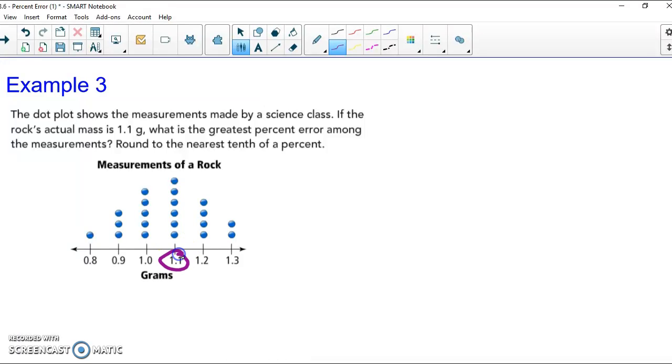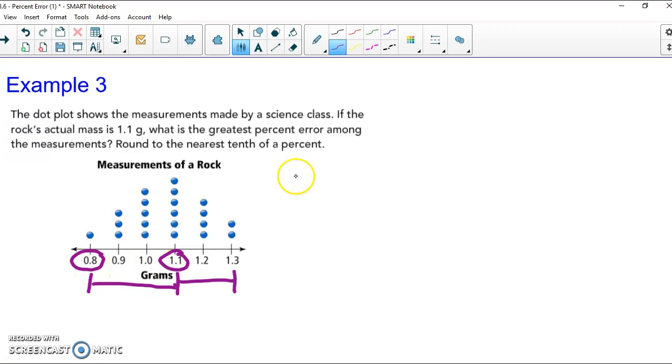So if this is the actual measurement, then 8/10 is probably going to be where my greatest error comes from, because it is the furthest from 1.1 or 1 1/10. 1 3/10 is a little closer. So my biggest difference between the measurements is here.